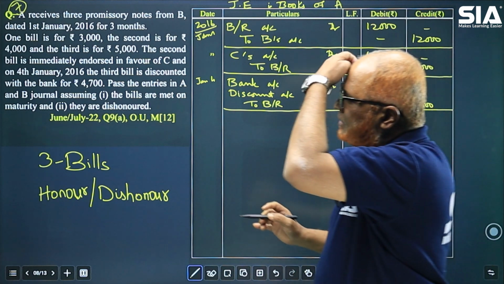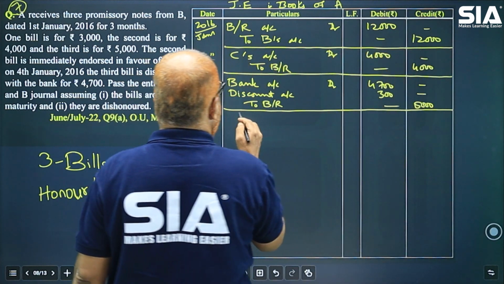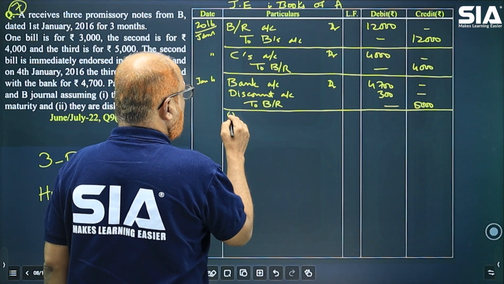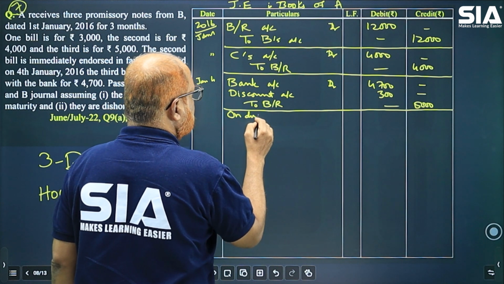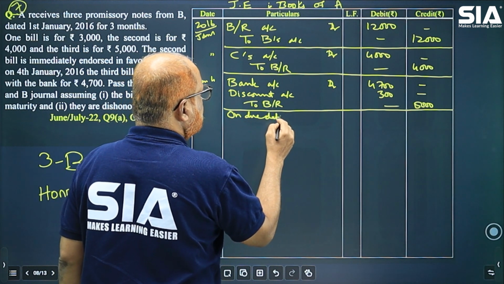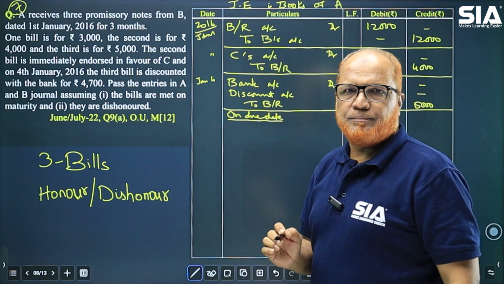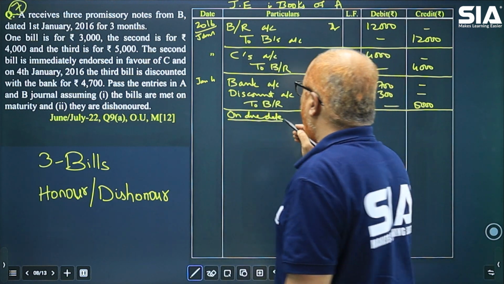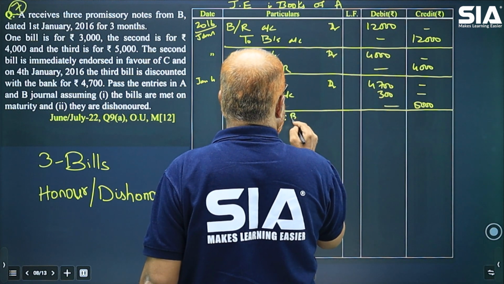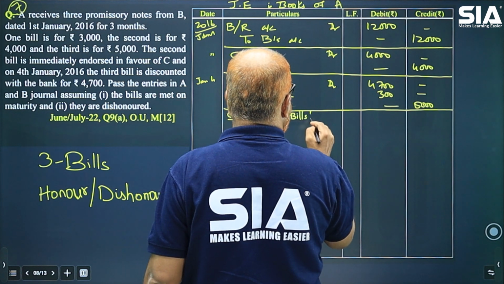All the three bills he has done. Now on the due date, the bills are met on the due date. So here I am writing on due date. On maturity, on the due date, bills honored.